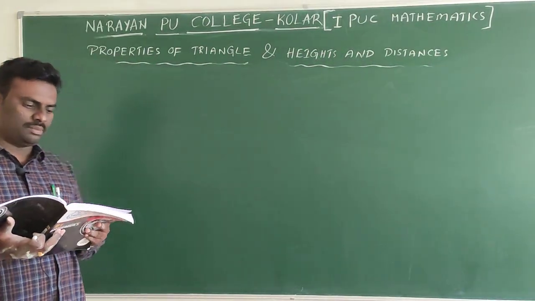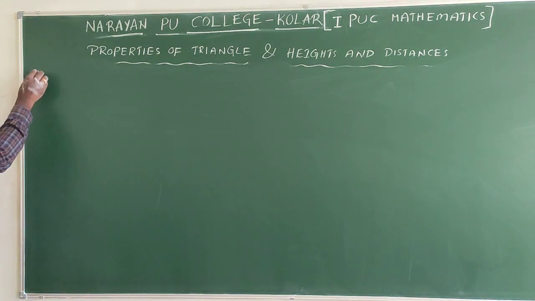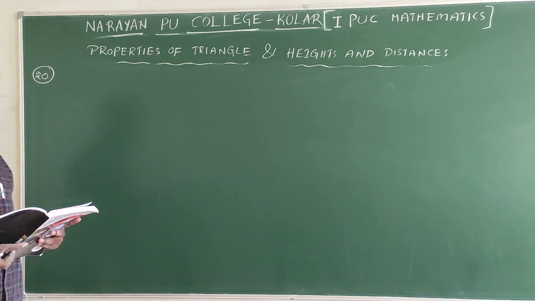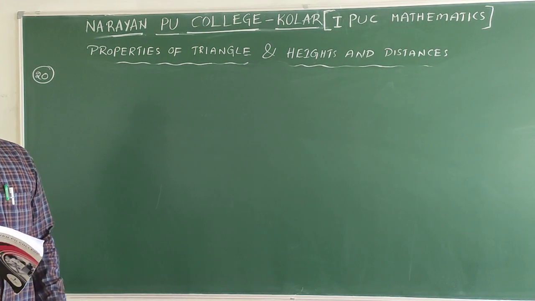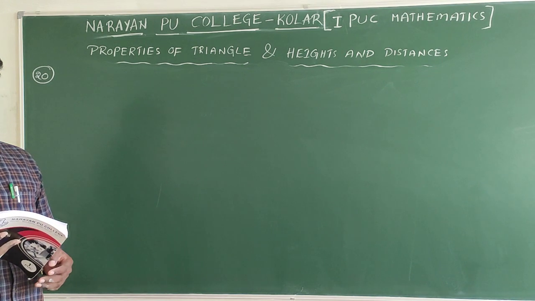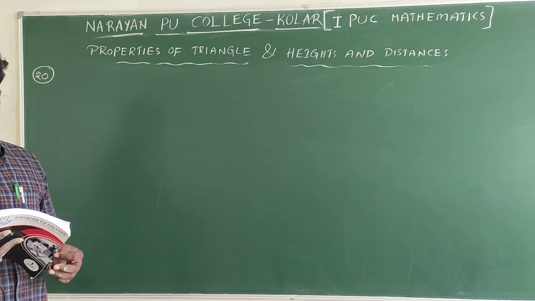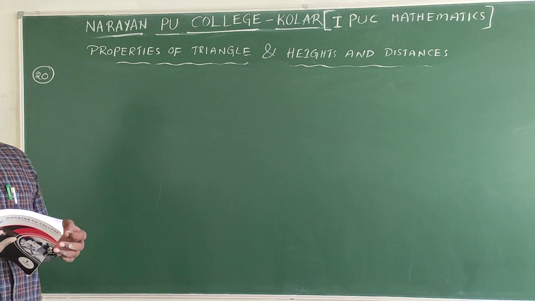Next, question number 20. It is also the same model. In the previous question, they gave the ratio of angles. Here, they give the ratio of the sides. The sides of the triangle are in the ratio 1 is to root 3 is to 2.